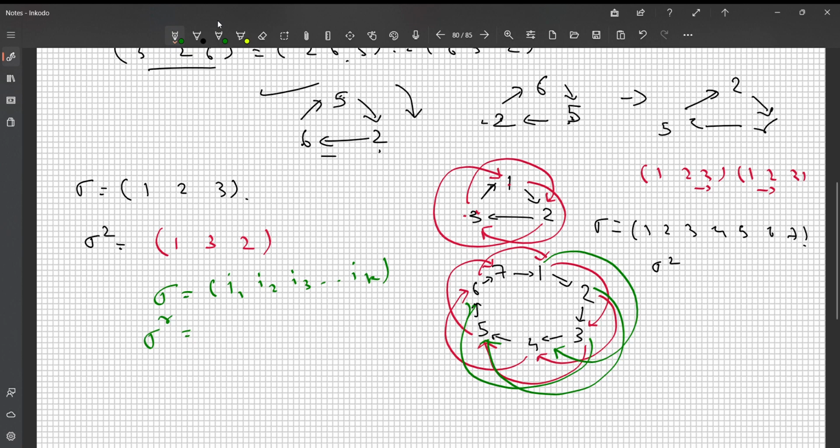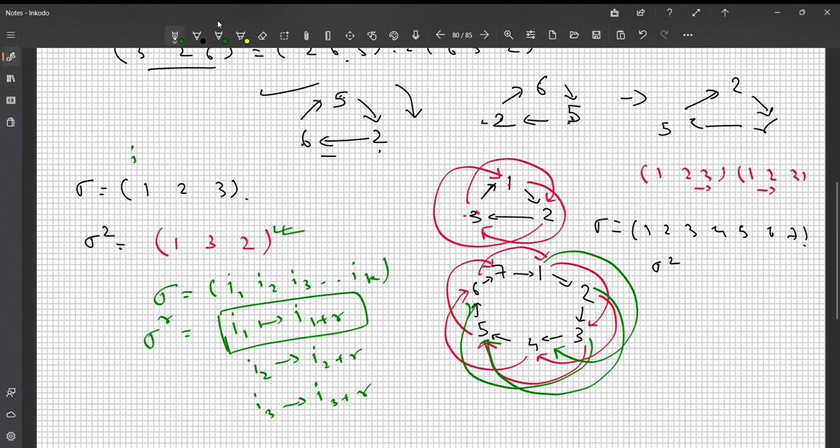So if you have sigma equals (I1, I2, I3, and so on till Ik), then sigma to the power r maps I1 to I(1+r). And recursively you can give the notation of every other element. So I2 will go to I(2+r), I3 will go to I(3+r), and these notations will work modulo n, right?